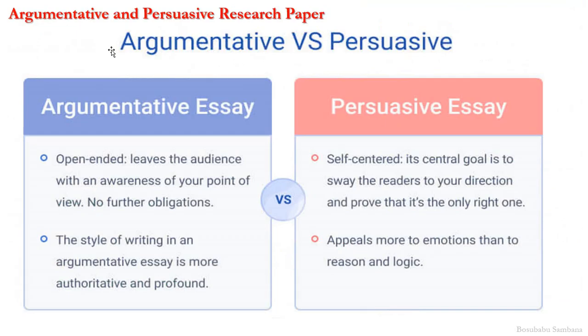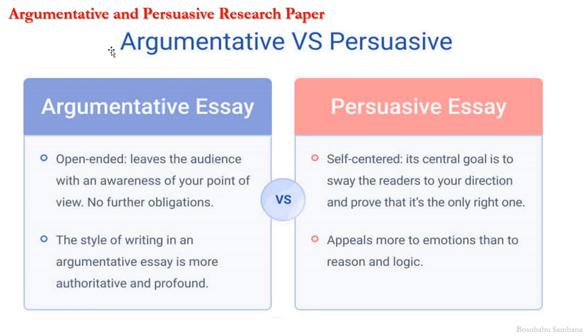Okay, next one, argumentative and persuasive research papers. Here argumentative and persuasive are quite opposite. In some cases it is relative to some points. It is an open-ended, self-centered mechanism. It is a style of writing in an argumentative way based on a systematic approach.